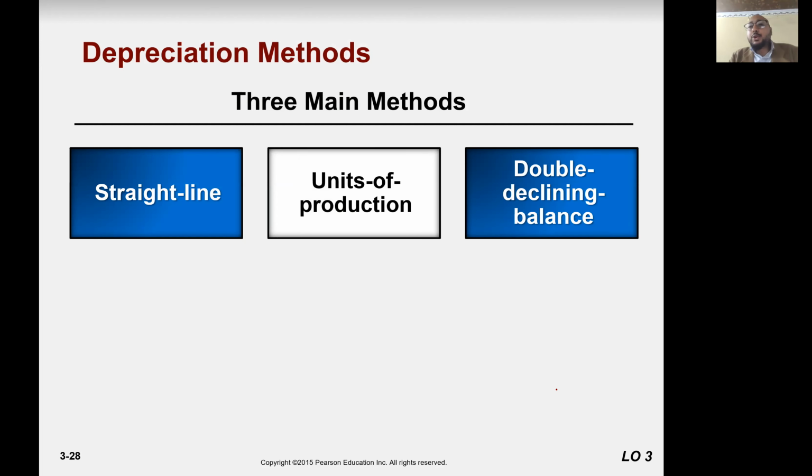Now, unit of production method. Straight line method is fairly simple. Now, unit of production method is also fairly simple. But in that case, our depreciation expense is not evenly distributed; it depends on the usage. The more we use, the more depreciation expense. The less we use, the less depreciation expense.